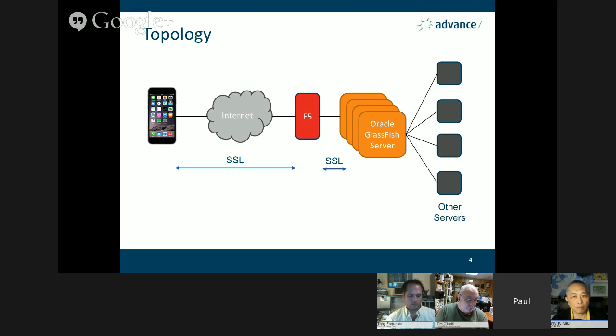I'm sure you can appreciate there's an awful lot of firewalls involved here that I'm not showing. But what we do have is SSL traffic flowing from the phone to the F5, and then we have another SSL connection from the F5, sorry, the F5 is a load balancer, I should explain, from the F5 load balancer to the Glassfish application servers.